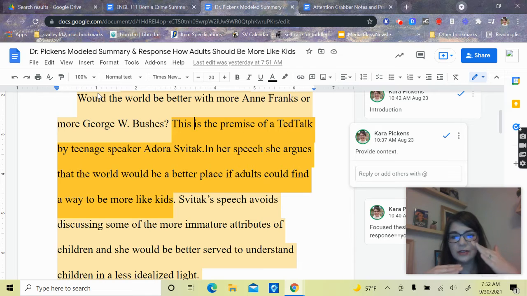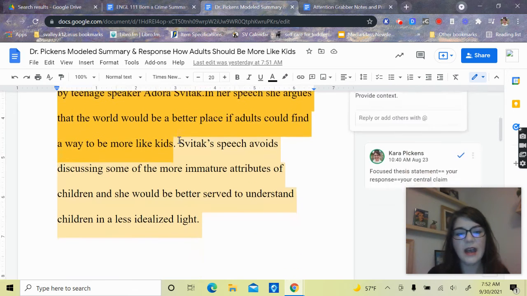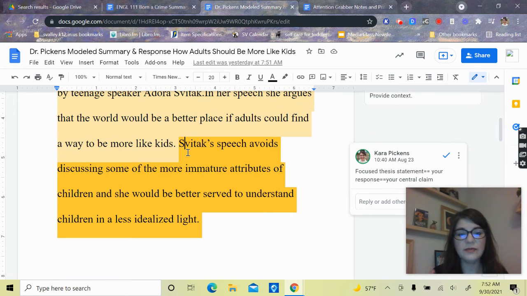And that's just giving a little context about what you're going to be speaking about. This does not need to be long, okay? This is 2 sentences here. And then we get to our thesis statement. It's a focused thesis statement, okay? We are talking about our response here to what Trevor Noah says about pain and how to respond to pain.